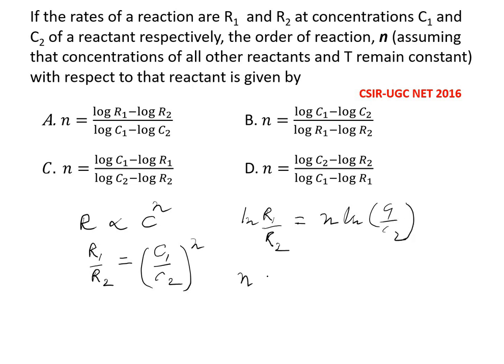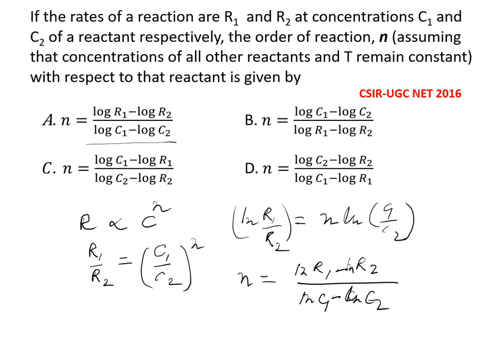So obviously n is on the left hand side, which you can rearrange to be log R1 minus log R2, whole divided by the right hand side log C1 by C2. So I think now you can check the option: log R1 minus log R2 over log C1 by C2. So I think it should be option A. Yeah, option A.